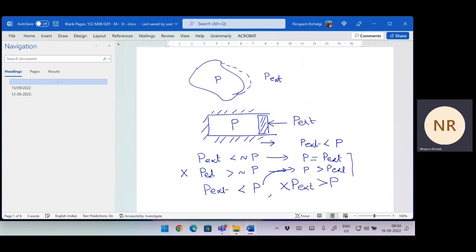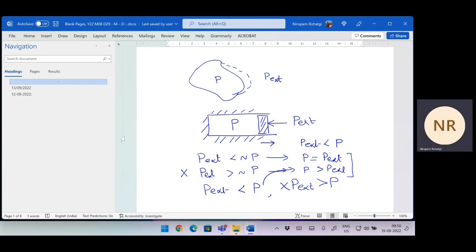So we have two cases. There is a slight difference in pressure, because some minor difference is required for the piston to move. If both are equal, they will not move. So we assume that they are slightly different, such a small difference that they are effectively equal. And if there is a very small difference, what will happen? The piston will move very slowly.